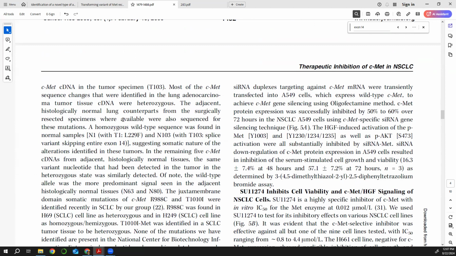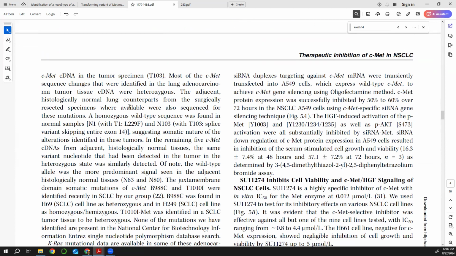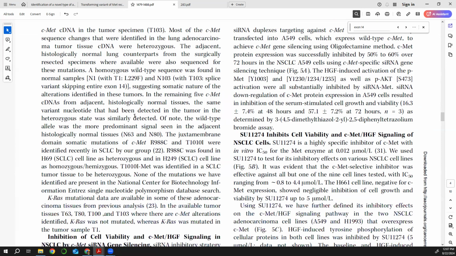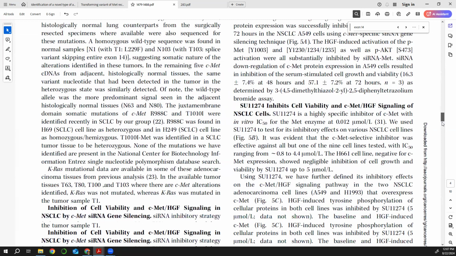And we expect that they should probably detect anywhere from 2 to 6 in this many tumor samples. Okay. And I don't know if they confirmed any kind of way. It doesn't seem like they actually confirmed these splice variants with RT-PCR. Okay.